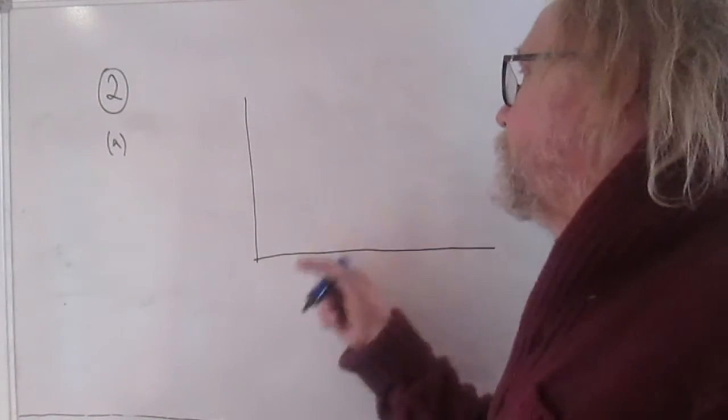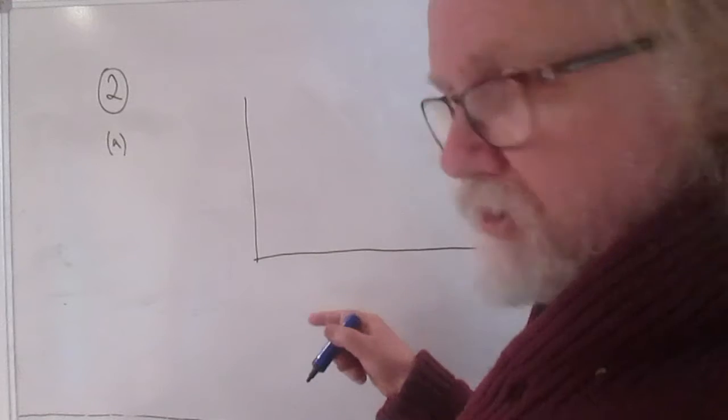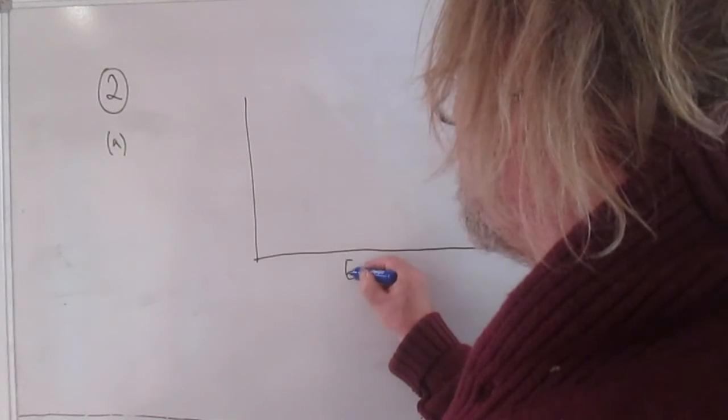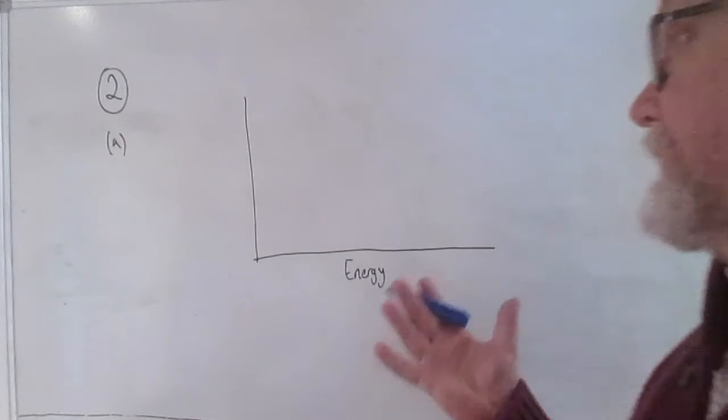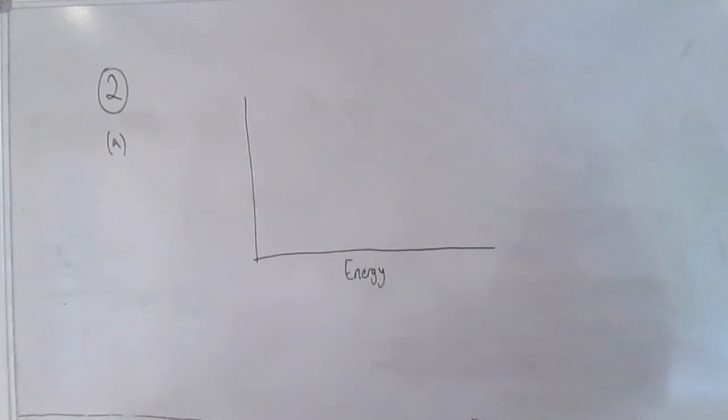Okay, so when you draw a Boltzmann distribution, the first thing is you've got to make sure you label the axes. So it's energy along the bottom. You can write kinetic energy if you want, although in fact the Boltzmann distribution applies with other kinds of energy as well, but you can write kinetic energy along the bottom if you prefer.